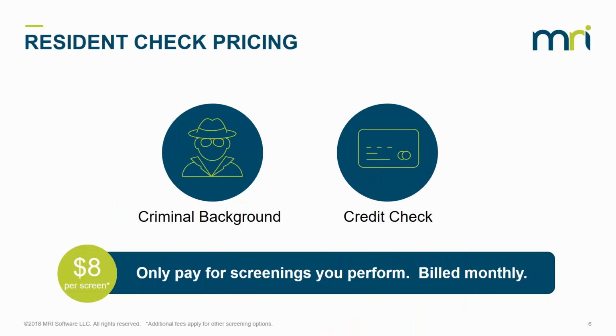Very competitive pricing, very cost-effective pricing that Resident Check offers. $8 for the criminal and $8 for the credit. Now, I realize in the PHA space, the public housing and affordable space, that criminal background check is probably first and foremost, and you may not be interested in the credit check.